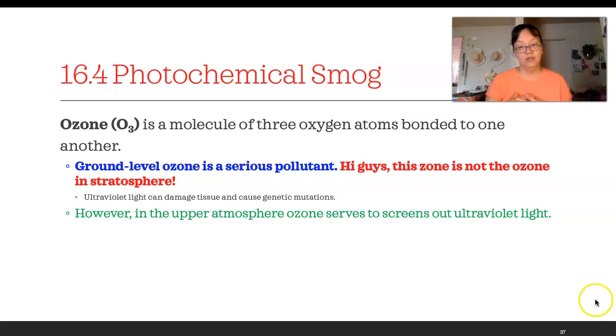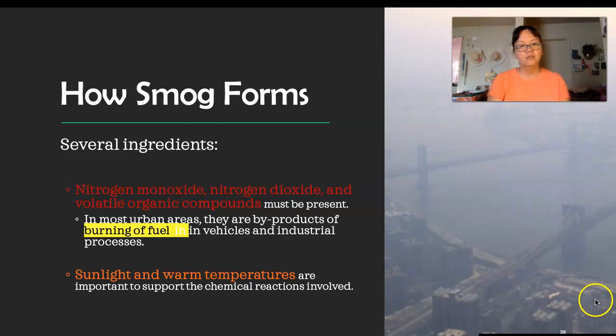Again, this ozone is not the ozone in the stratosphere. In the upper atmosphere, ozone serves to screen out UV. So don't think this ozone is that ozone. This ozone is ground level ozone, a serious pollutant.